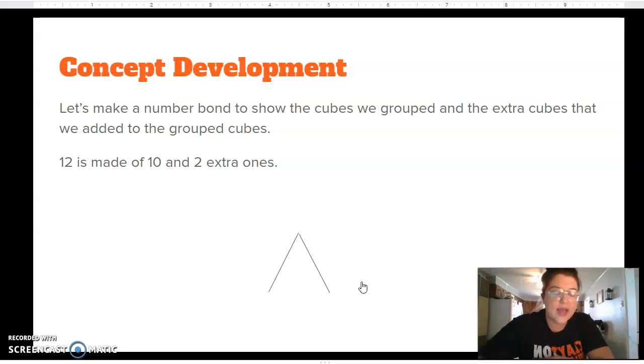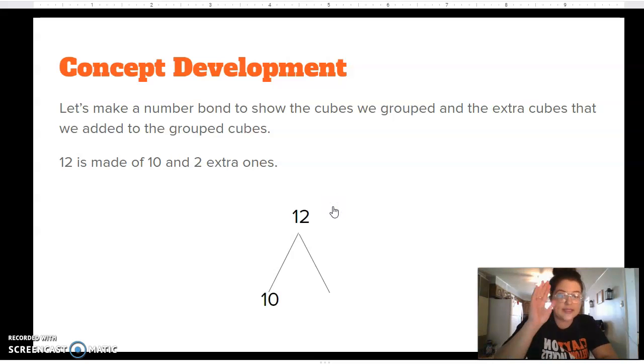So we had 12. So 12 is our biggest number, so that's going to go on top of our number bond. 12. And what did we divide 12 into? Well, we could say 12 was divided into 12 and 0. But then we took those 12 ones and we connected them until we made a 10.